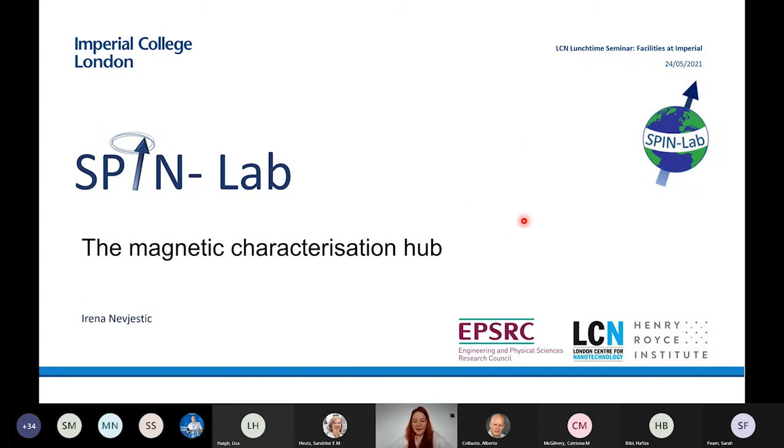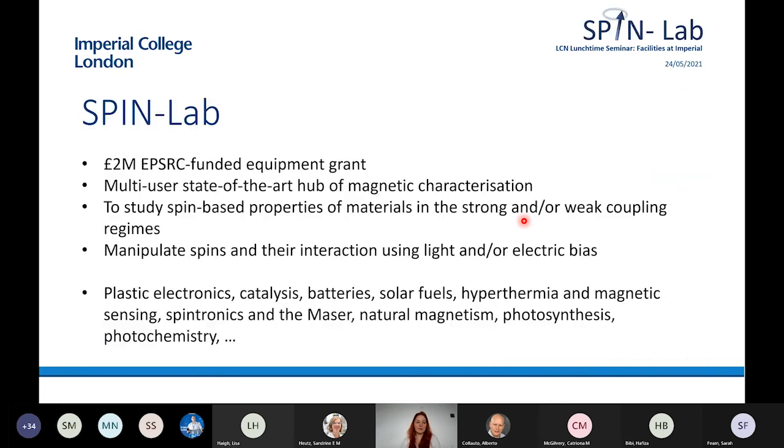So hi, my name is Irena, and I'm research facility manager of the Spinlab. I will show today which equipment is available in the lab and present a few remarkable possibilities. Spinlab is a multi-user state-of-the-art hub of magnetic characterization, which was established by a 2 million EPSRC equipment grant.